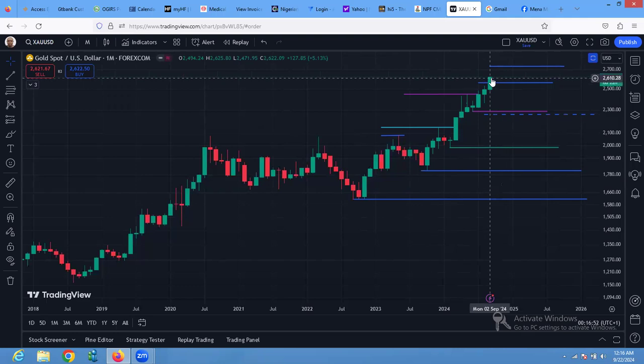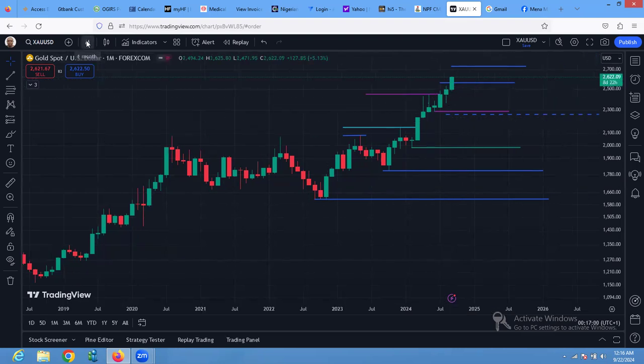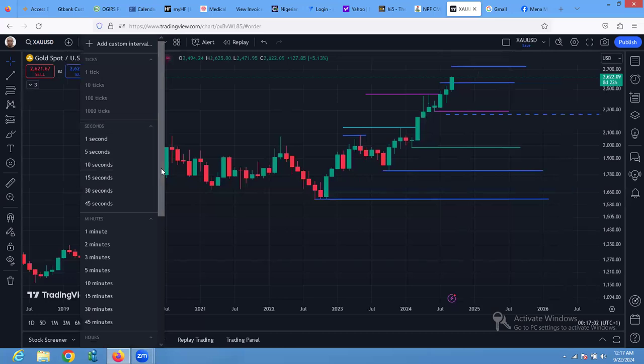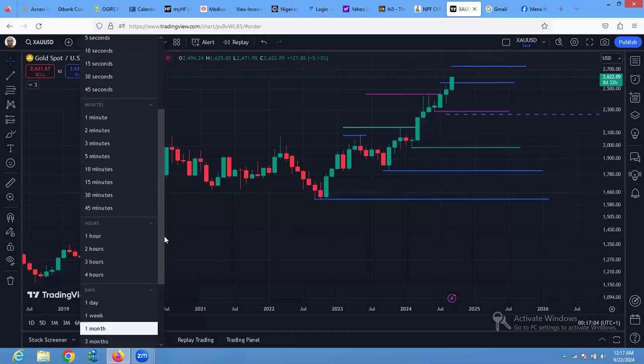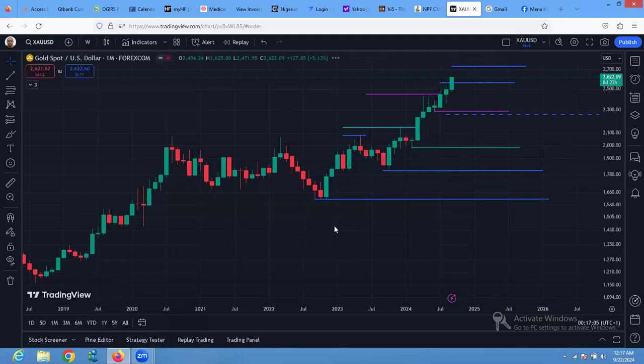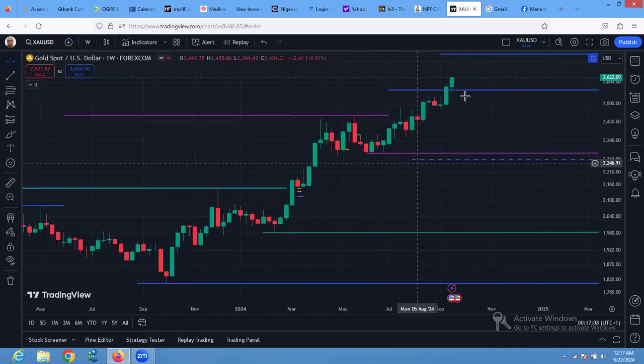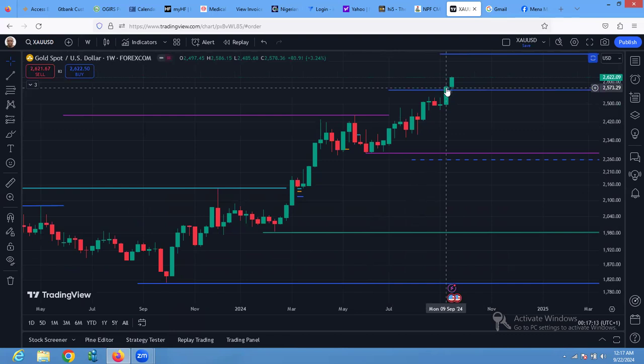So with this kind of bullish move, it has closed above it. If you look at, this is monthly. Let's look at the weekly time frame now. So this is the weekly time frame. Price closed above this, not with a wick to the downside.